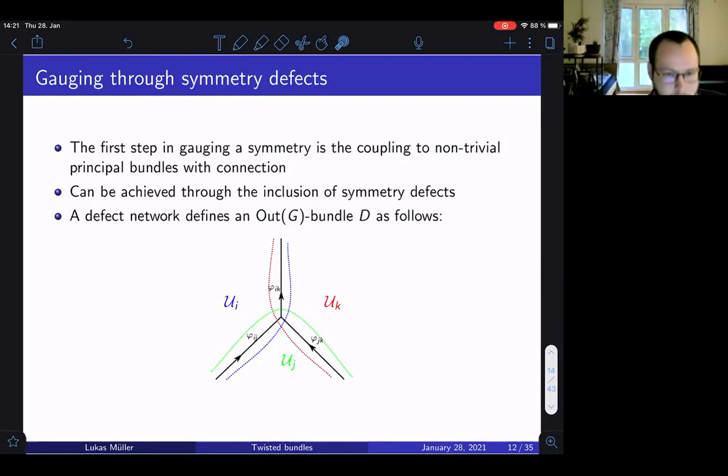But what you can do is use the symmetry defects to construct the partition function coupled to a non-trivial background gauge field.